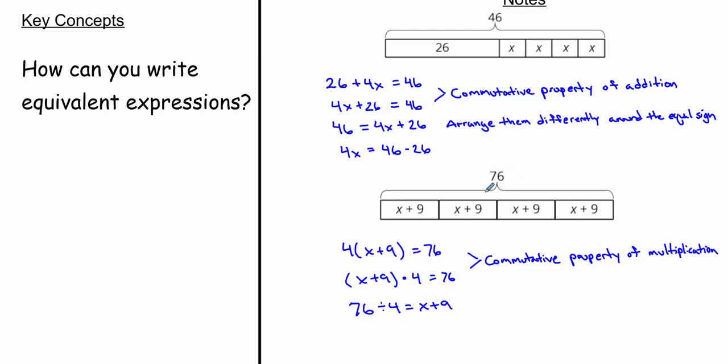And we could also say, if we take this tape diagram that represents 76 and divide it into 4 equal parts, that leaves us with an x plus 9. So we could also say that 76 divided by 4 is just equal to the x plus 9.